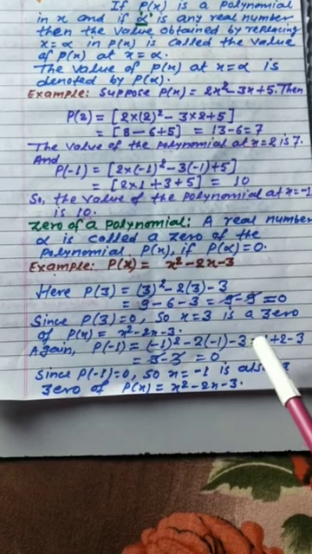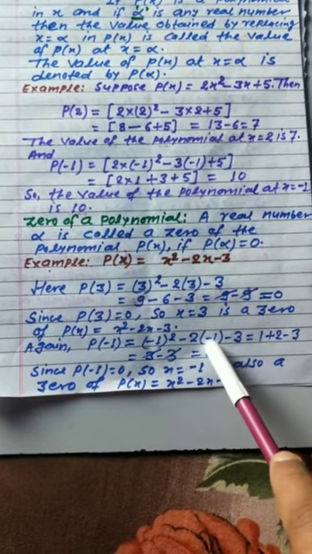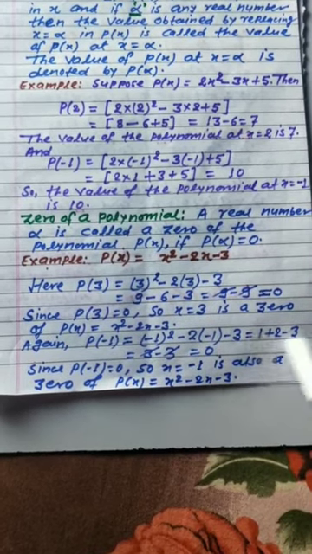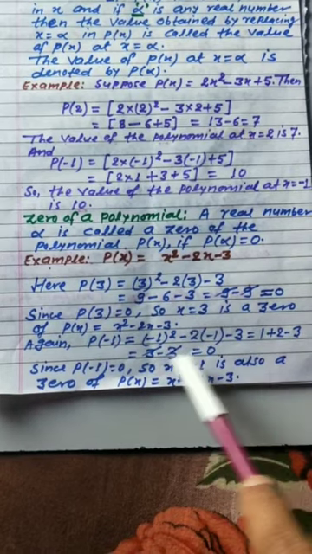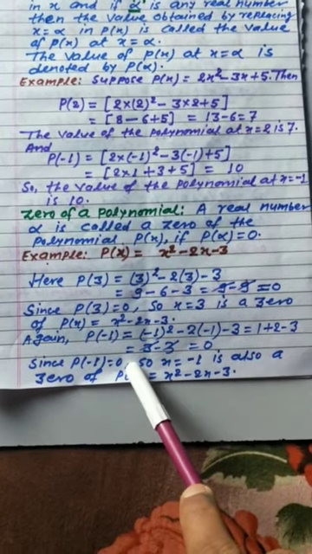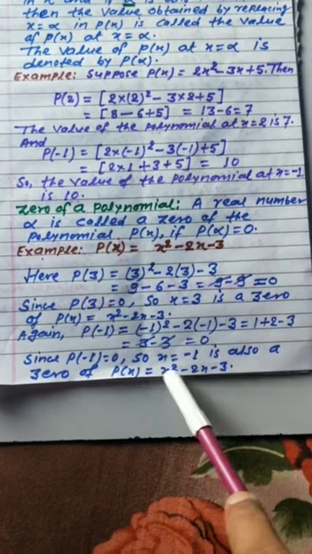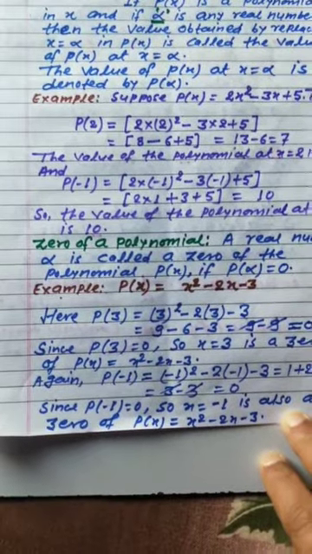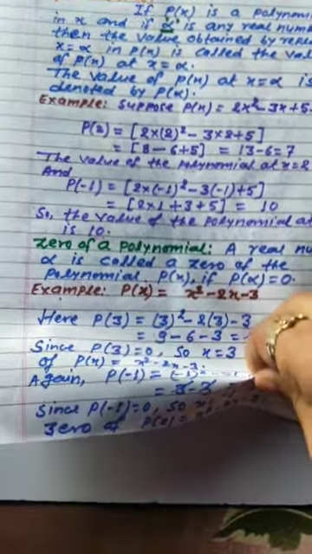Minus 1 square is 1, minus into minus will be plus, and 2 ones are 2, minus 3. So it will be 2 plus 1, 3, minus 3 is equal to 0. Since p minus 1 is also equal to 0, x is equal to minus 1 is also a 0 of px, x square minus 2x minus 3. So this is a 0 of the polynomial.